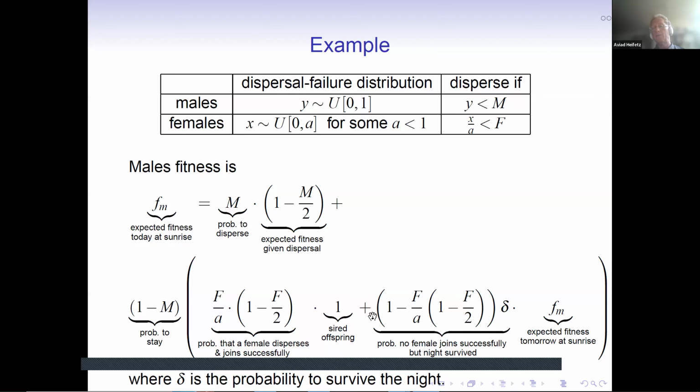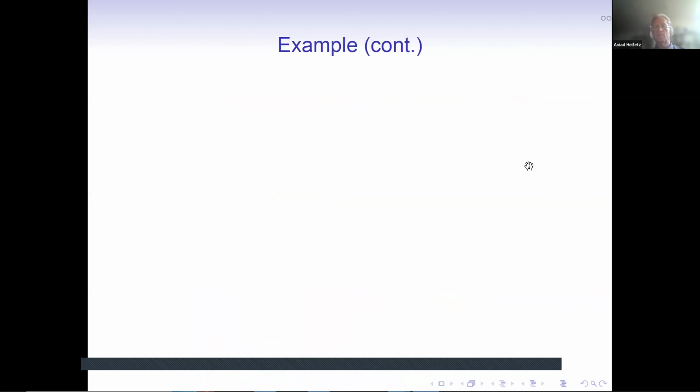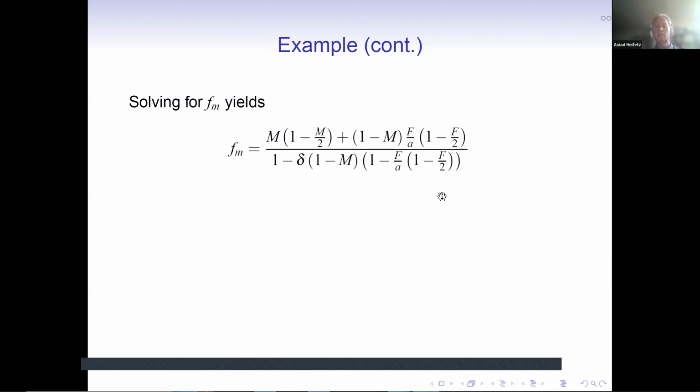Or if I stay and a female doesn't join, then I survive the night with probability delta smaller than 1, and tomorrow is another day. You see that this expression appears here and here, so I can isolate it.